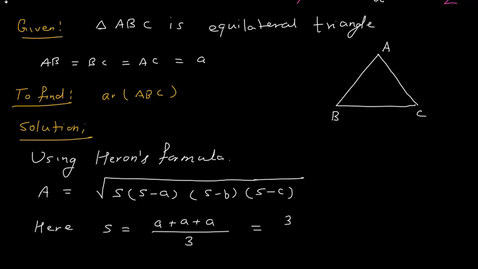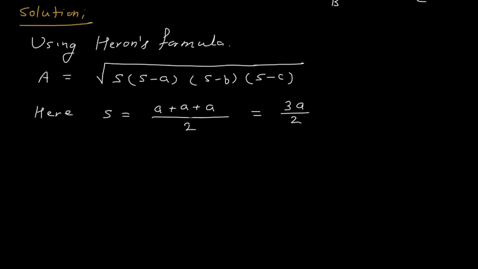In the formula we have divide by 2, semi-perimeter. So it is 3A divided by 2. This is S, and the values of B and C will also be equal to A, so A is equal to B equal to C. So all three are equal.